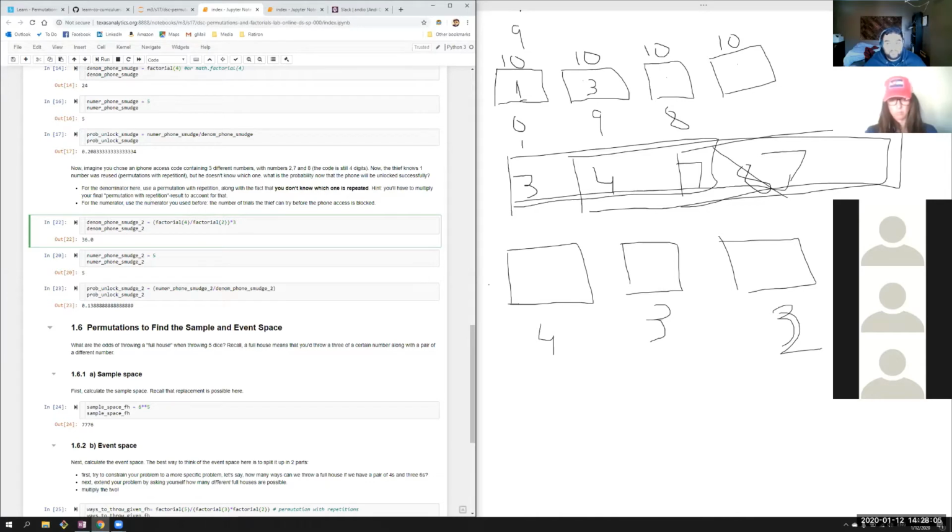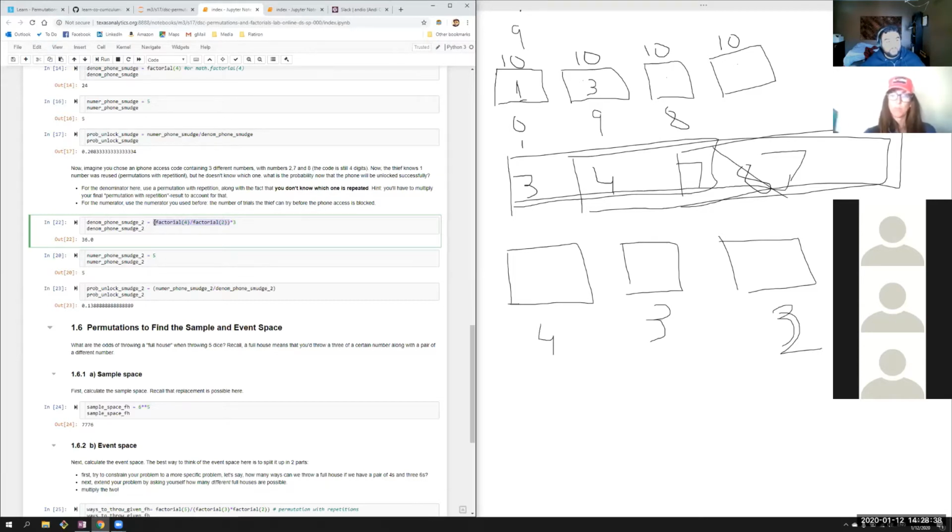So if we knew which one was repeating, then we would divide by factorial 2, the number of possible ways to arrange one repeating element, right? But since we don't know which one it is, and there are 3 possible candidates for the element that's repeating, we multiplied by 3, because this part only tells us the possible permutations where we know which element is repeating.